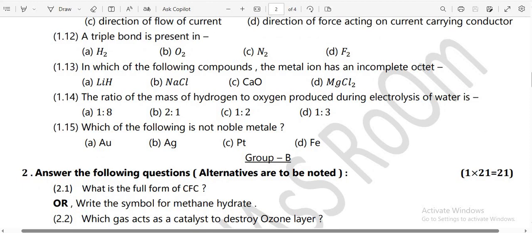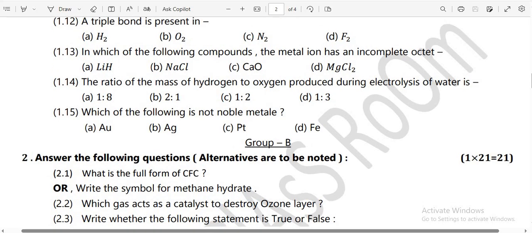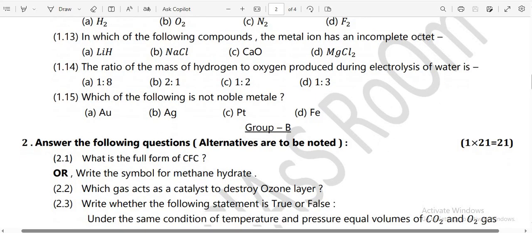Now we will see the Group B question. 2. Answer the following questions. Alternatives are to be noted. 2.1 What is the full form of CFC?